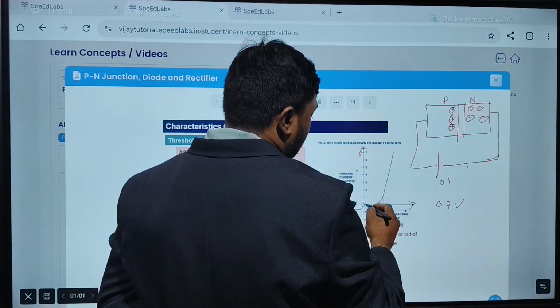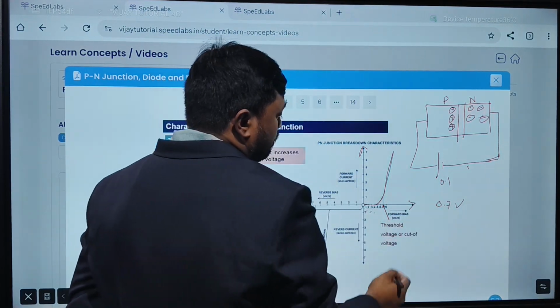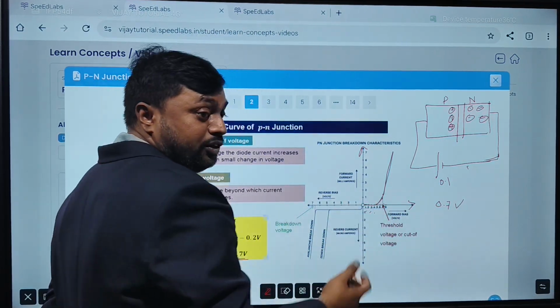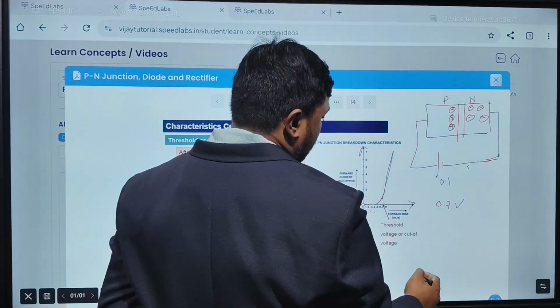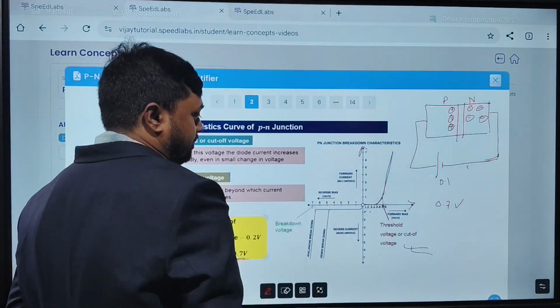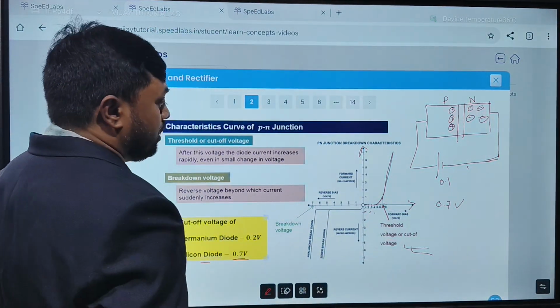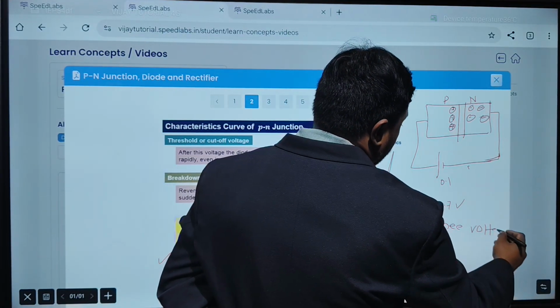In the beginning there will be no current, then current will suddenly increase, yes or no? That particular voltage at which the current suddenly rises is called what? A knee voltage or cutoff voltage in the forward bias condition, yes or no? So they may ask you the definition of knee voltage.